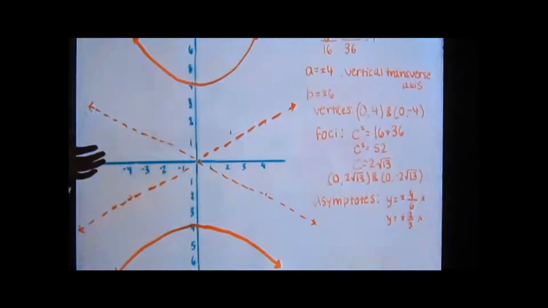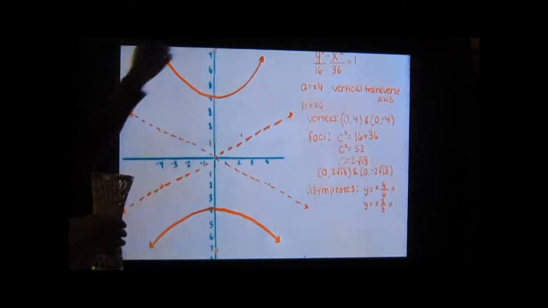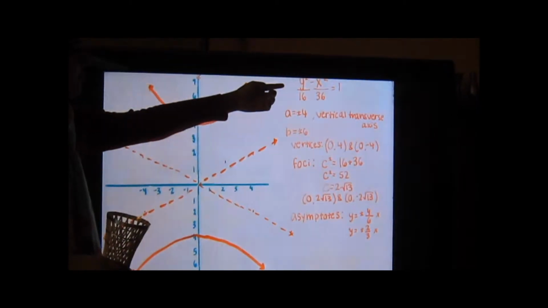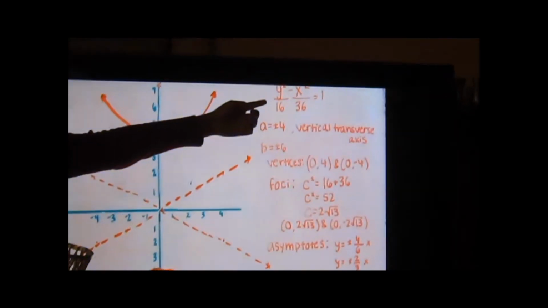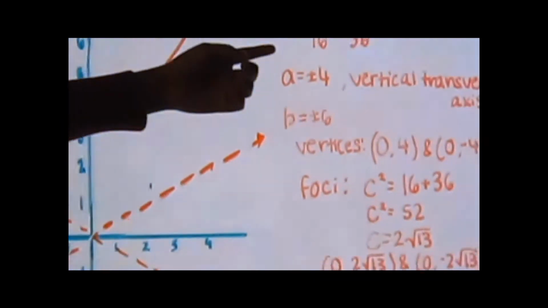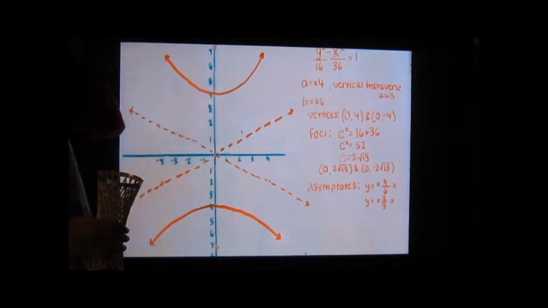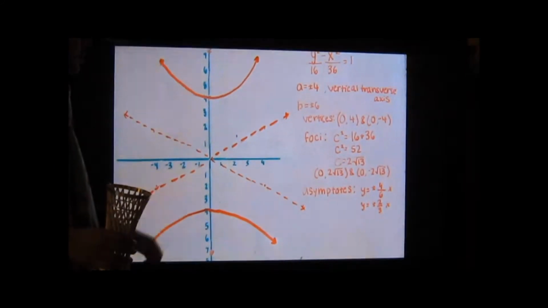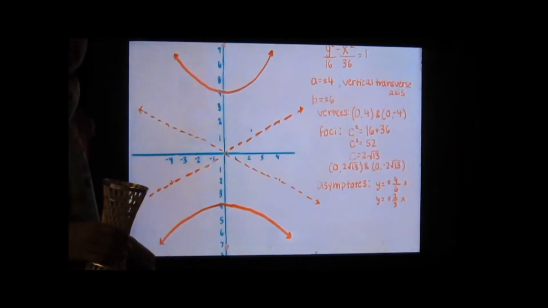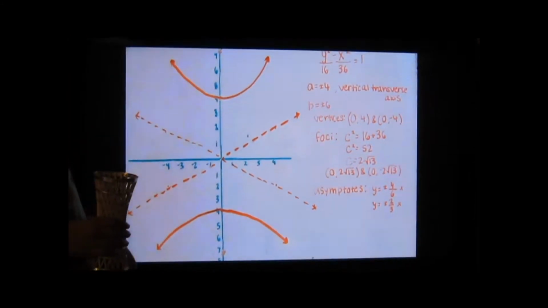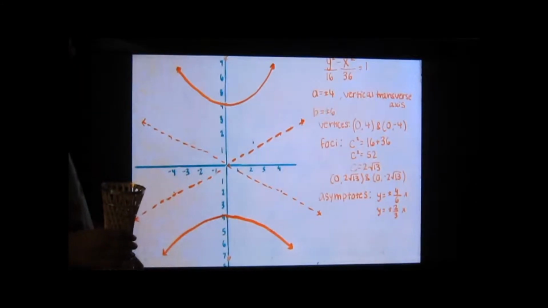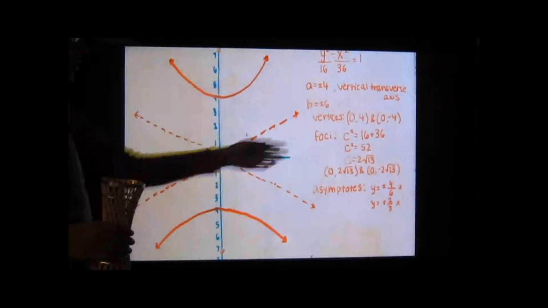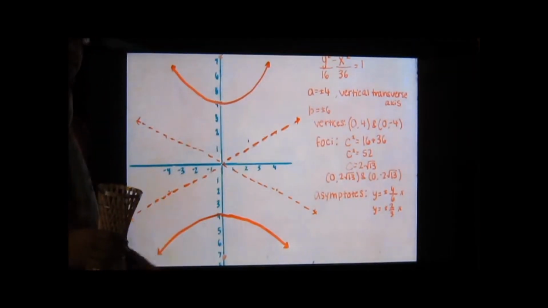So since this has a vertical transverse axis and the equation is y squared over 16 minus x squared over 36 is equal to 1, the a value is plus or minus 4 and the b value is plus or minus 6. Since it's a vertical transverse axis, the vertices would be (0, 4) and (0, -4).